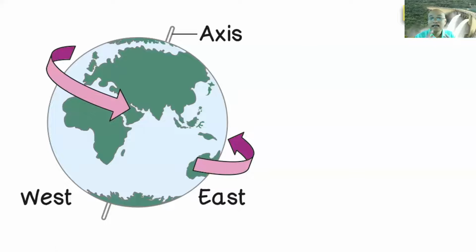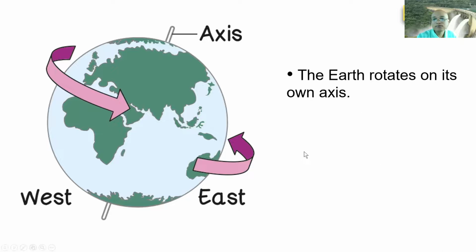Now let us understand it more. Okay. You see this axis? Now look, if you notice in the video, the earth rotates on its own axis. This is the axis, rotates counterclockwise.